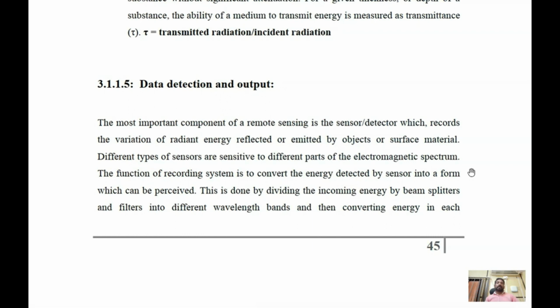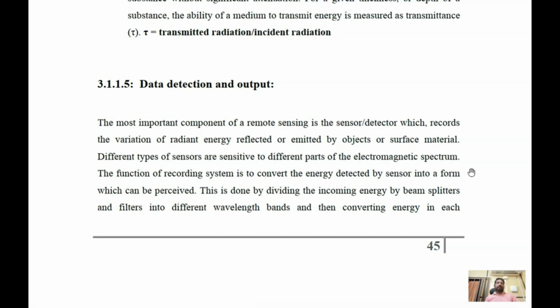Data detection and output. The most important component of a remote sensing system is the sensor detector, which records the variation of radiant energy reflected or emitted by objects or surface material. Different types of sensors are sensitive to different parts of the electromagnetic spectrum. The function of the recording system is to convert the energy detected by the sensor into a form which can be perceived.